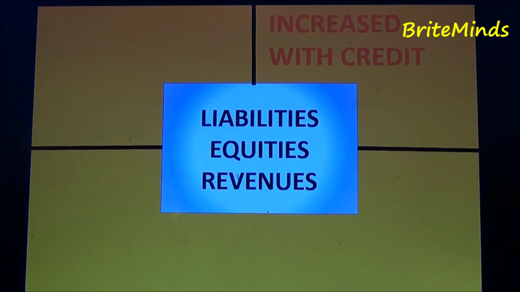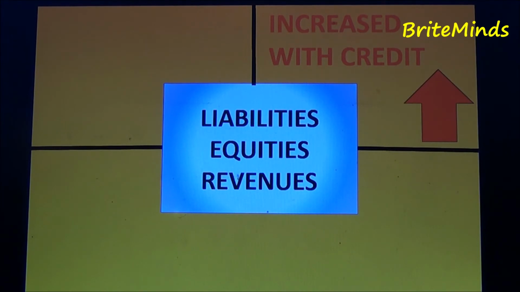Revenues are the increase in equity as a result of day-to-day operations. Examples of revenues are the sales revenues or the fees earned. So any increase in liabilities, equity, or revenues is recorded as credit.